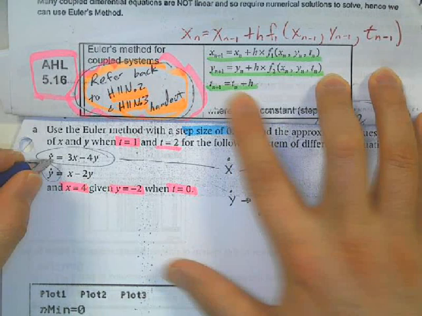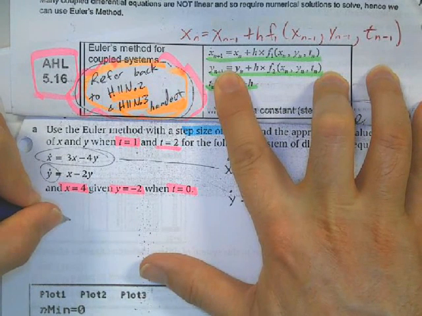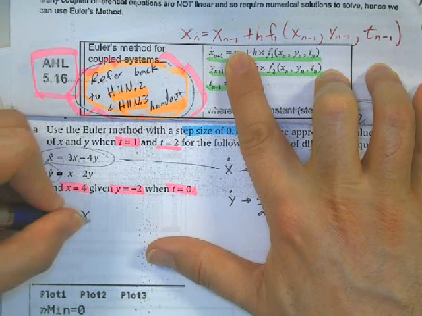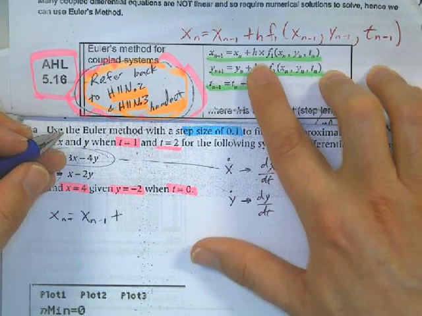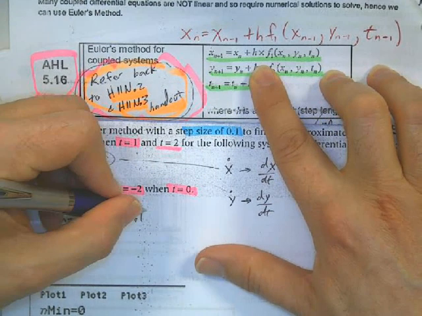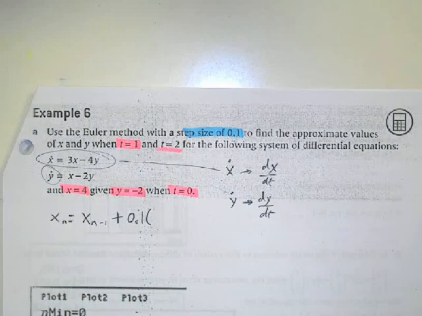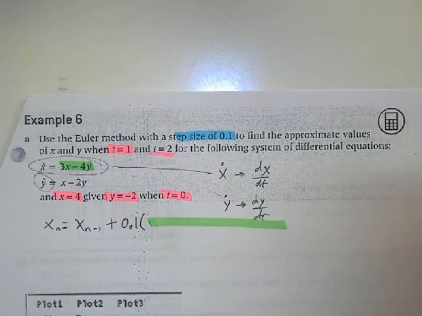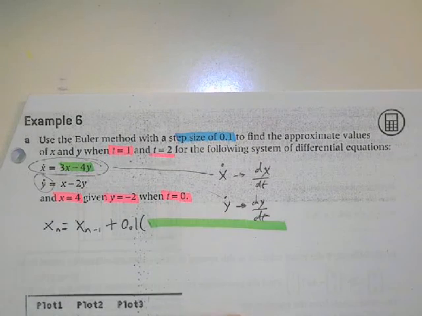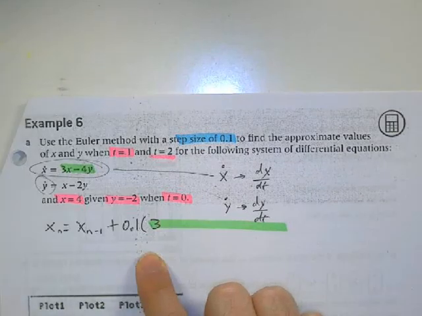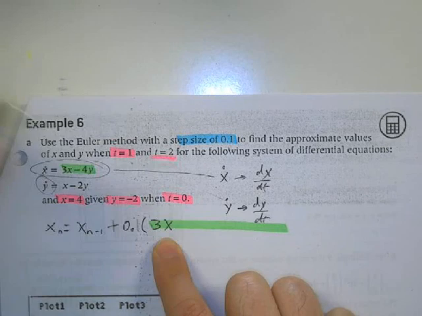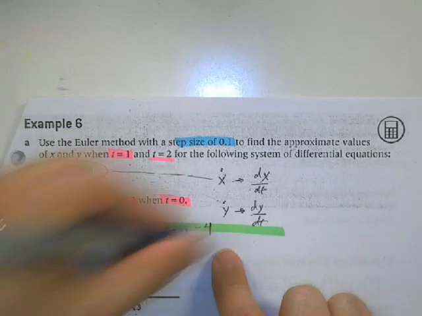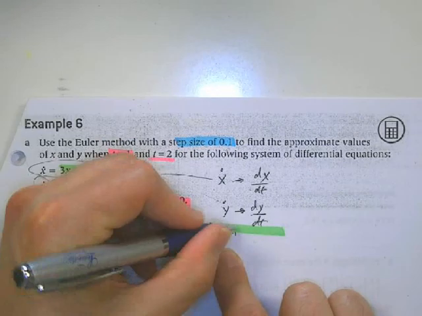I'm going to write this as x subscript n equals x subscript n minus 1 plus my step value of 0.1 times, and now I'm going to fill in my function here, which is 3 times x subscript n minus 1, minus 4 times y subscript n minus 1, close parentheses.